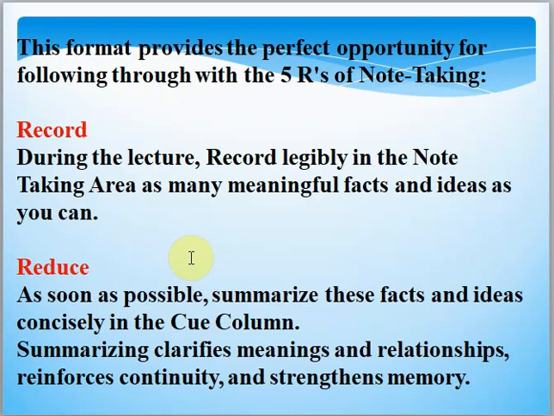It means we have to choose some facts and ideas particularly for the Q column, which will be helpful for us when we memorize at exam time. It will help to reinforce continuity, strengthen memory, and give us the clear meaning and their relationship with that particular fact.